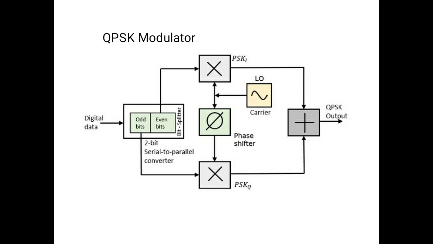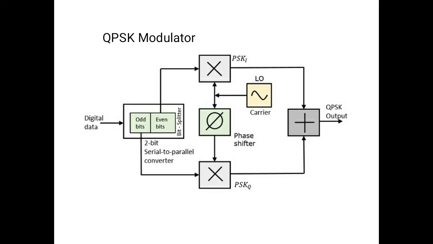That means, first, depending upon the digital data, it will convert the serial data into parallel. Odd bits are connected to the second block, even bits are connected to the first block. Depending upon the even or odd bits, this block will split the bits either to PSK I or PSK Q, and both will be phase shifted with this block.